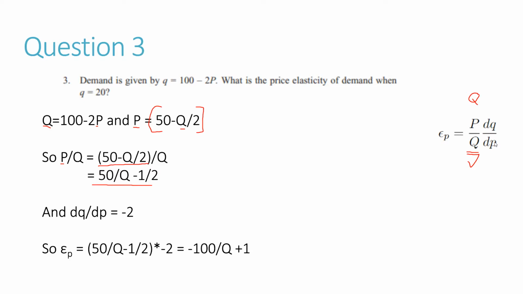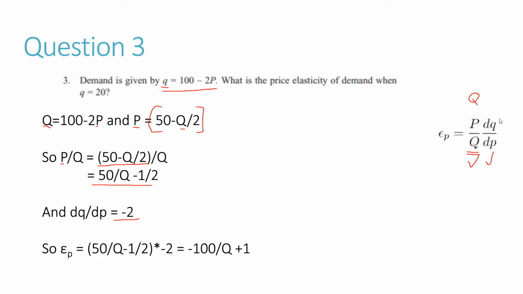Note that this is dQ dP, not dP dQ. So we're going to want to start with Q as the subject, and we're going to want to derive with respect to P. So we have a look at this equation given in the question, derive this with respect to P, find it's a pretty straightforward minus 2.